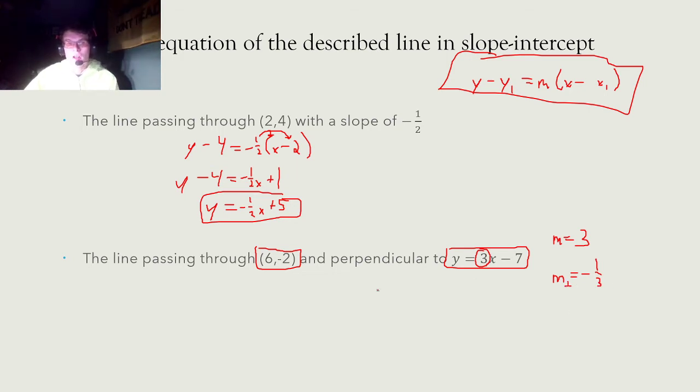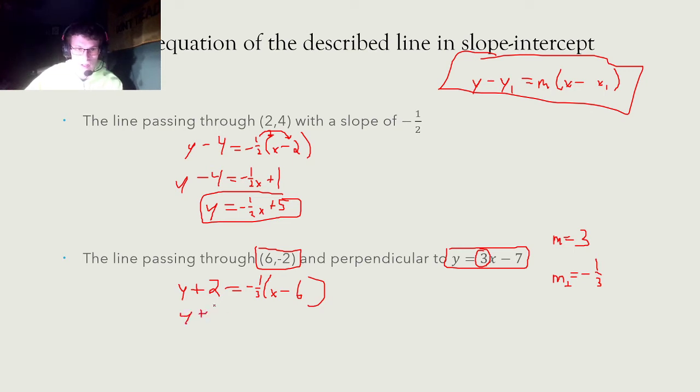All right, so now we are going to use our point-slope form, y minus y1. Let's erase that real quick. I want to speed up here a little bit. So y minus y1, which my y1 here is negative 2, so this actually is going to be a positive, because 2 negatives make a positive. So y plus 2 equals my slope of negative 1 over 3 times x minus 6. Okay? So here we go.